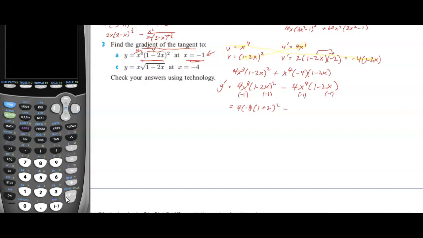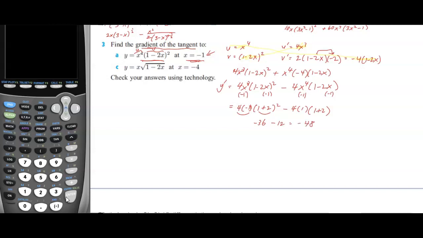Minus 4 times negative 1 to the fourth is 4 times 1. 1 minus 2 times negative 1 is 1 plus 2. So we got negative 4 times 3 squared. So that would be negative 36: negative 4 times 9, right? Okay. And negative 4 times 3 is negative 12. So that's equal to negative 48.